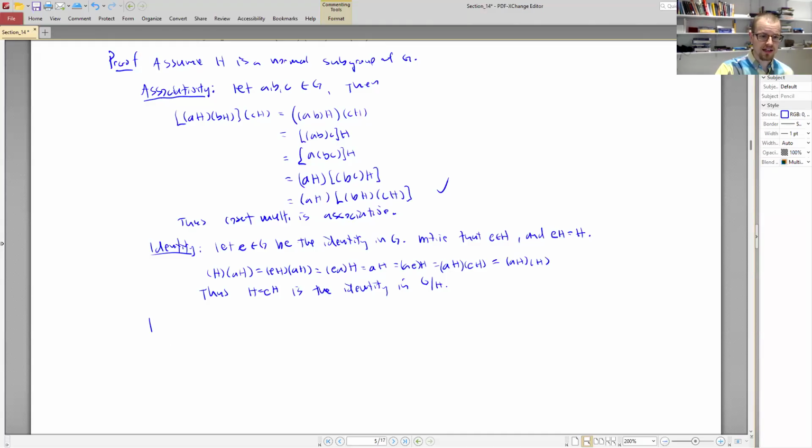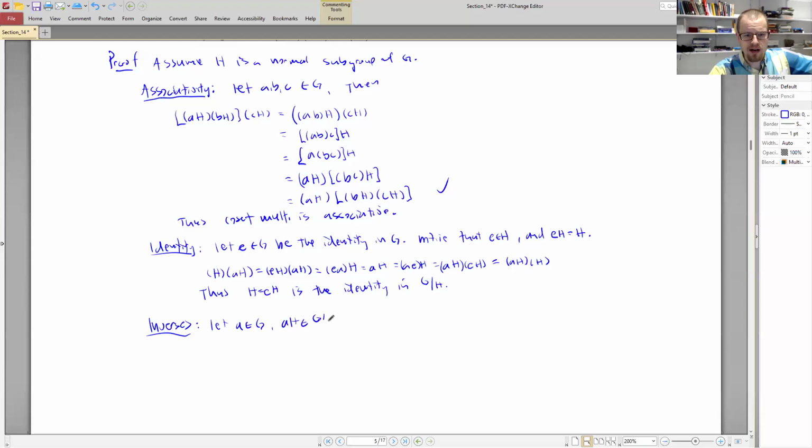All right, so we have associativity, we have identity. Now I just need to verify inverses. So let's see here. Let A be an element of G, and I want to verify that we have an inverse within our coset. So let A be in G, then what I'm interested in identifying is the inverse of AH.